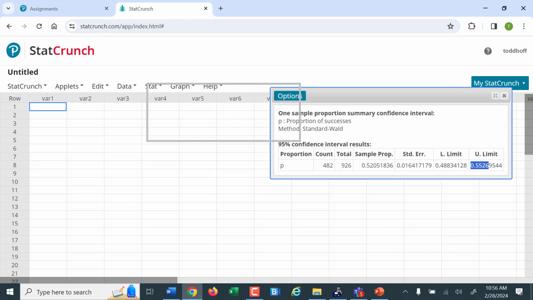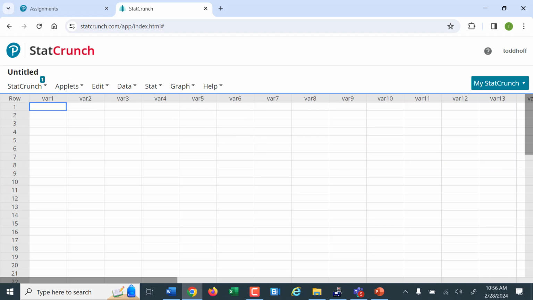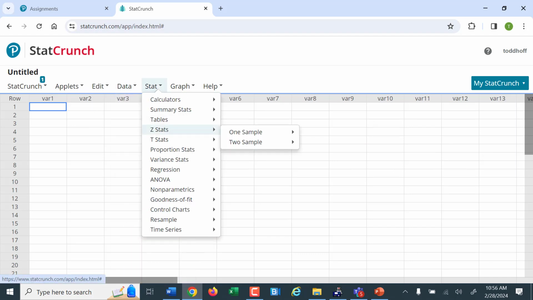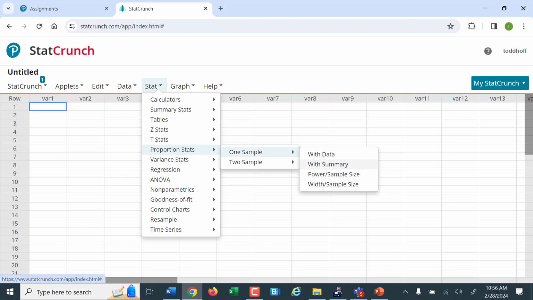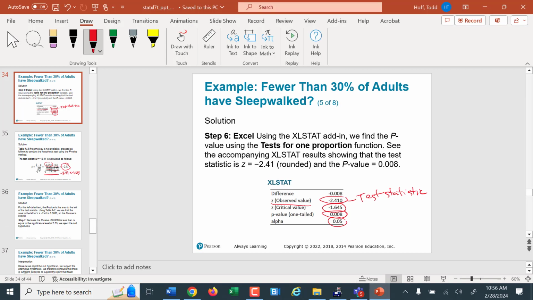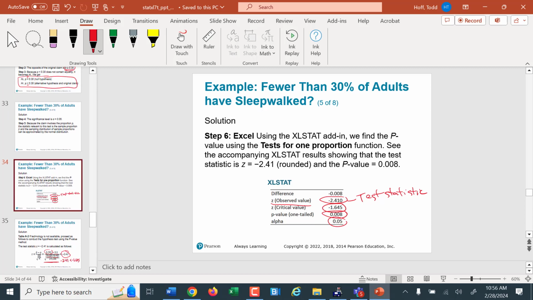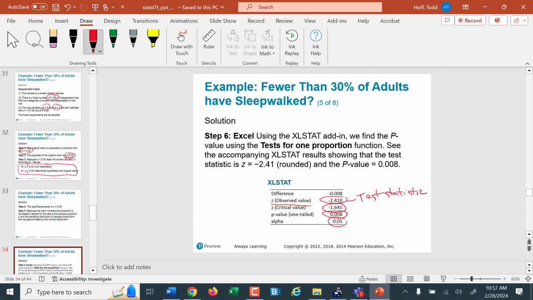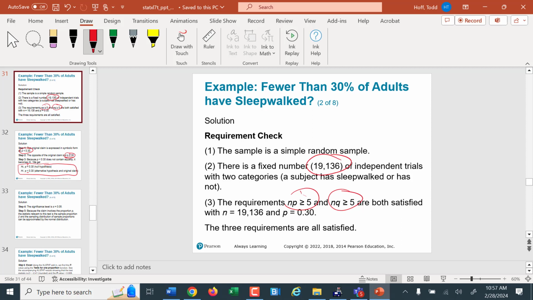We did the confidence interval. Let's do the actual test itself. In fact, let's go back and let's do this one first. So we're using summary statistics. Now we need the number of successes. We had a sample size of 19,132 and a proportion of 29.2%.